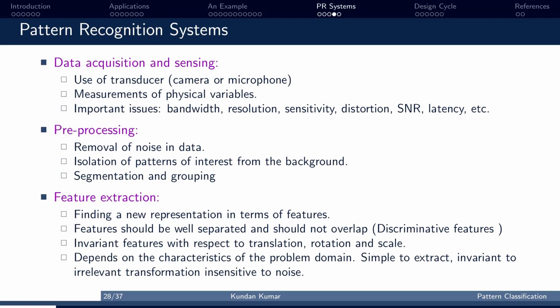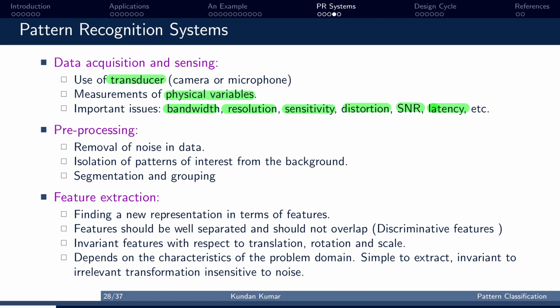So in data acquisition and sensing we use a transducer, where we can use a camera and microphone, and we measure the physical variables. When we acquire the data from the environment, there are some issues like bandwidth, resolution, sensitivity, distortion, SNR, latency.